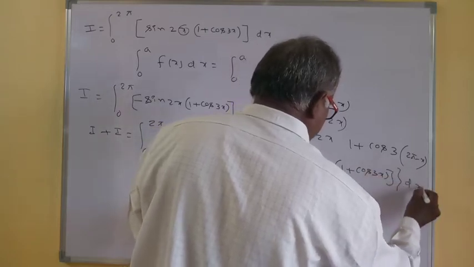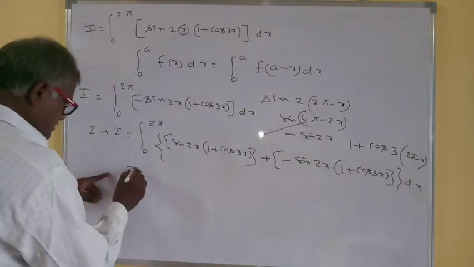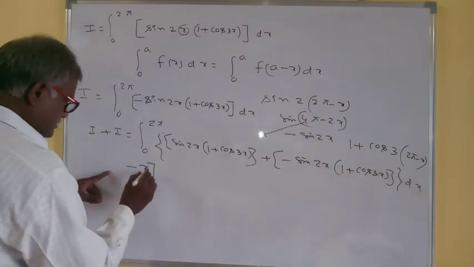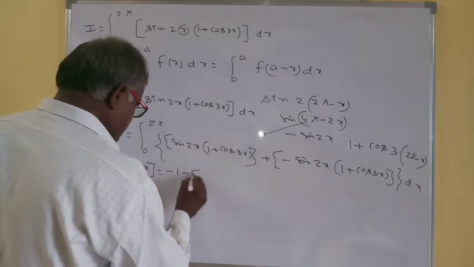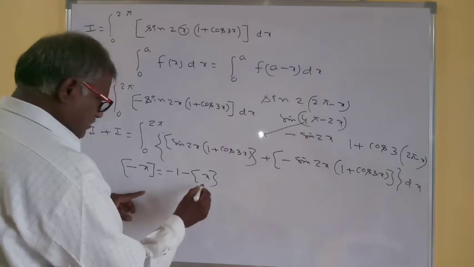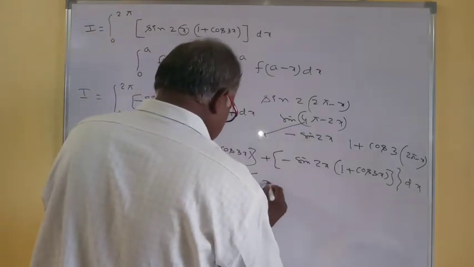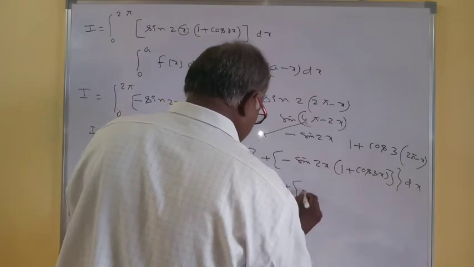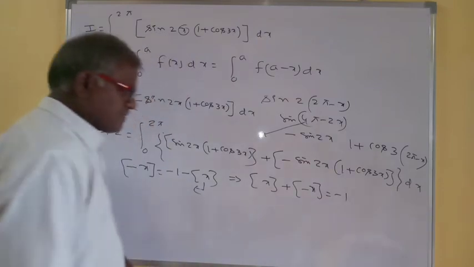You see, step of minus x is nothing but minus 1 minus step of x. That means if you transpose to the left side, step of x plus step of minus x equals minus 1.